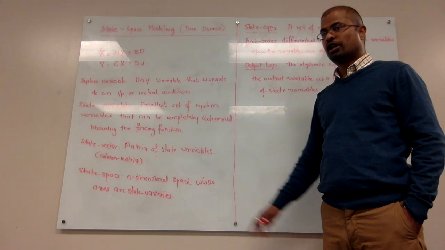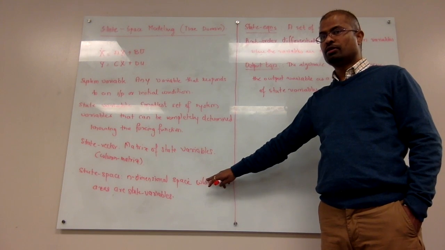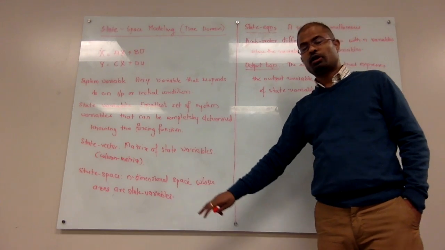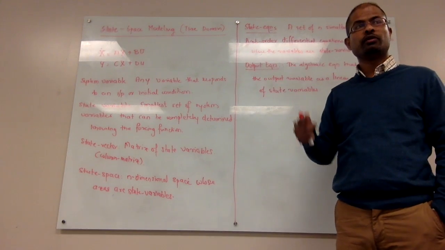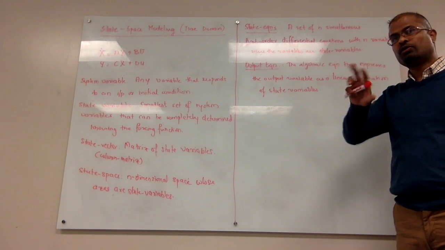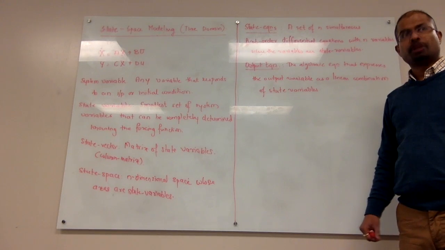It's an n-dimensional space, n being the number of state variables, and if you plot how the state variables evolve in this n-dimensional space, you'll know how the overall system varies.